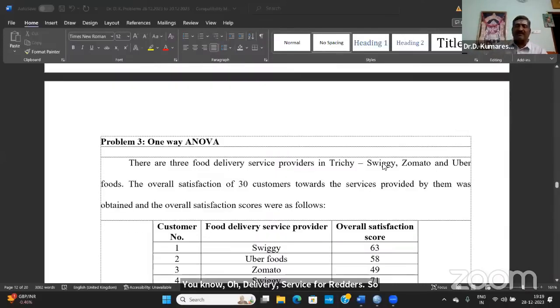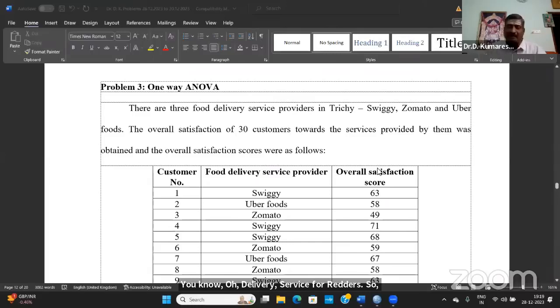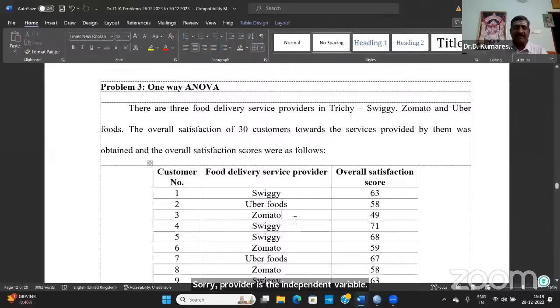So satisfaction is the dependent variable. Service provider is the independent variable. This independent variable is given as nominal data. So only names are given. Only there are three categories: Swiggy, Zomato, and Uber Foods. Since there are three categories, we have to apply ANOVA.